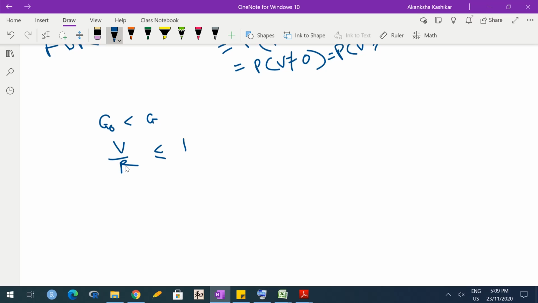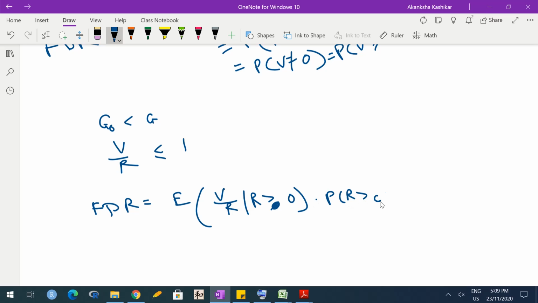So V is always less than or equal to R. And in that case, my FDR is expectation of V by R given R strictly greater than 0, into probability of R greater than 0, correct? Ideally, it should be followed by plus 0 times probability of R equal to 0, but that term is not going to contribute in expectation.